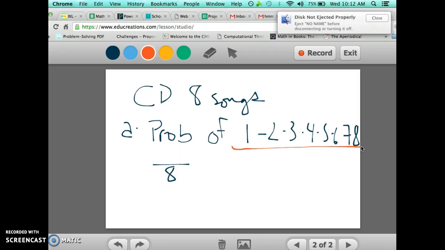Well, 8 factorial, right? 8 times 7 times 6 times 5 times 4 times 3 times 2 times 1. So 8 factorial is my denominator, and this is just one of those orderings. So my probability here is 1 over 8 factorial, which equals 1 over 40,320.